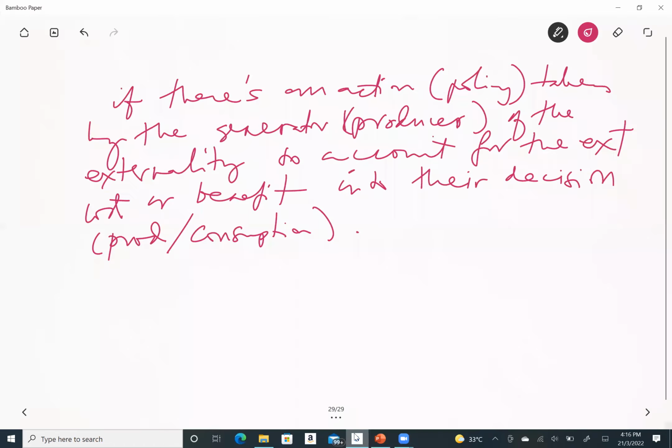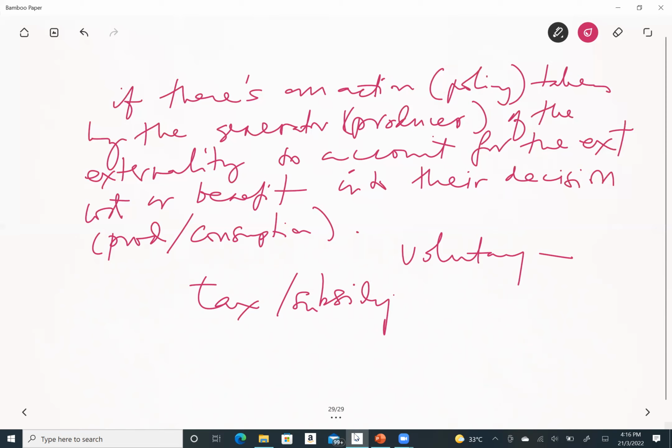So there is tax or subsidy. And the voluntary one, we just call it voluntary internalization. That means you internalize the externality by yourself.